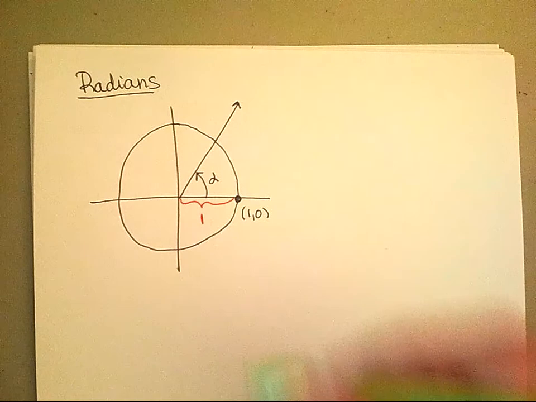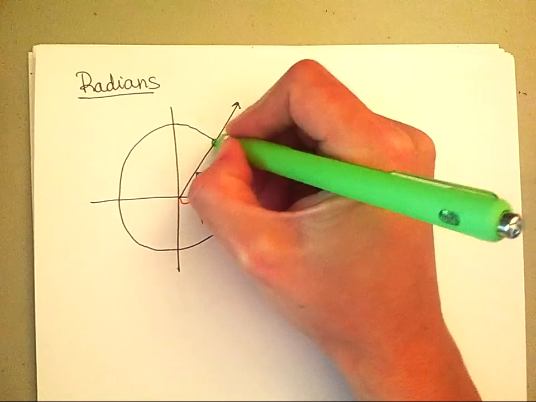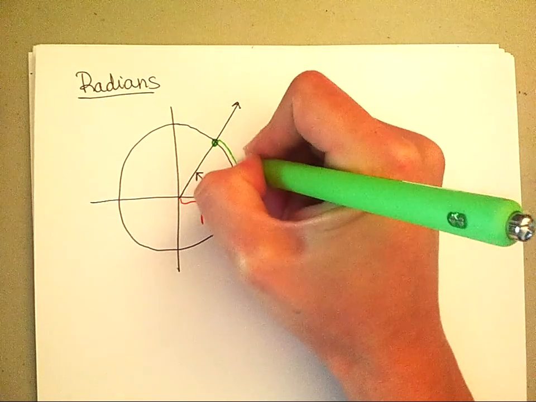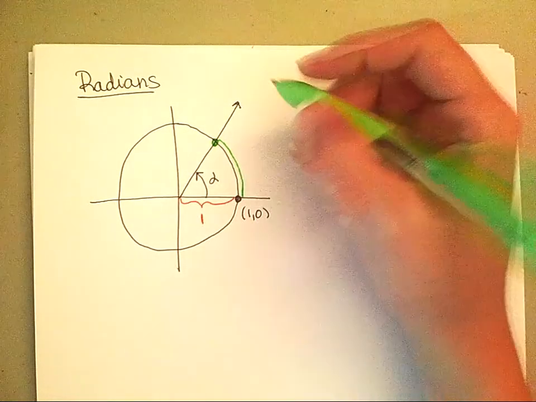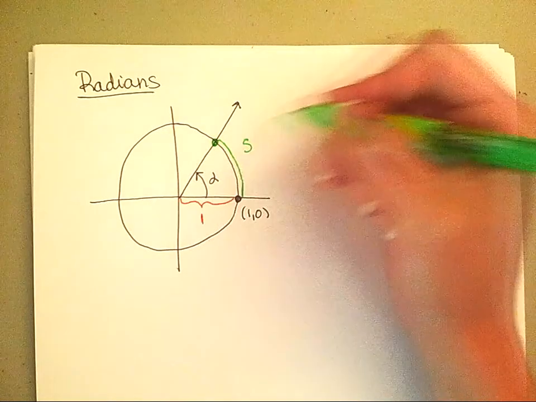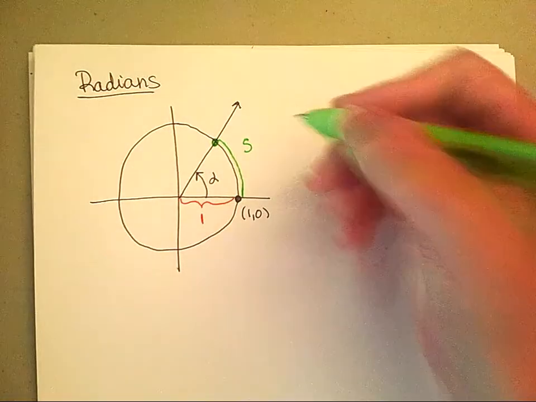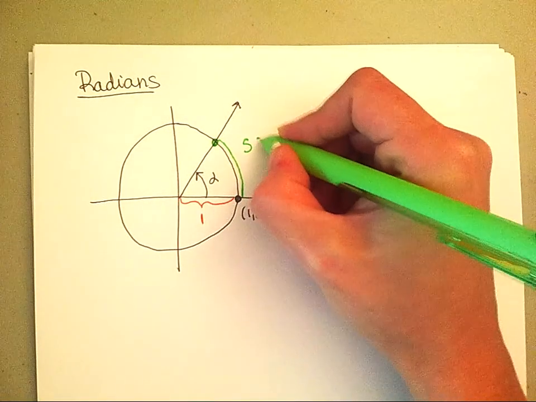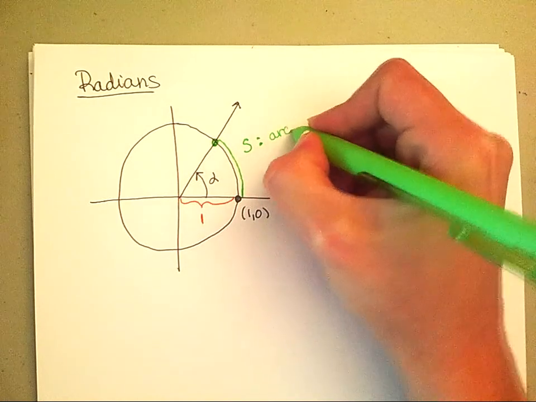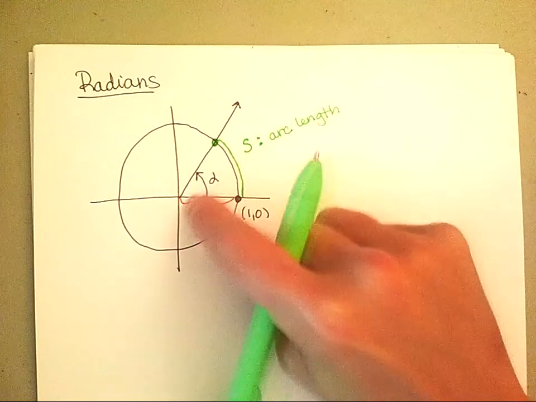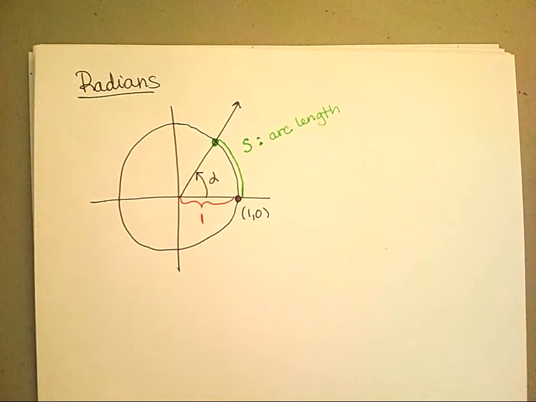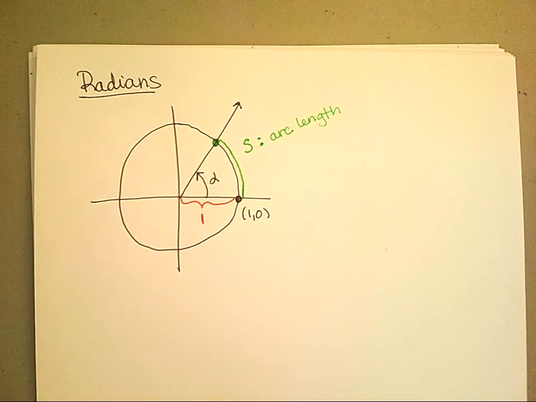And this angle then has cut off a portion of this circle from here to here. This is the intercepted arc. Okay. So we usually denote that with S. Okay. Another term is arc length. Because the length of this arc will change as the value of the angle changes.